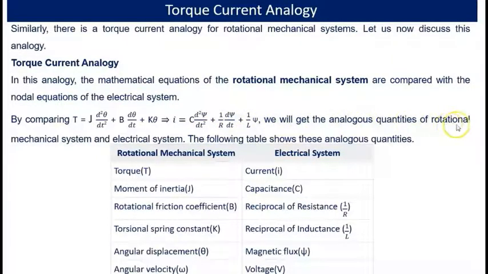We get the analogous quantities: torque, current; moment of inertia J, capacitance C; rotational frictional coefficient B, reciprocal of resistance; torsional spring constant K, reciprocal of inductance; angular displacement theta, magnetic flux; angular velocity omega, voltage V. So again remember this table. Remember these equations, then you will get the analogous values.